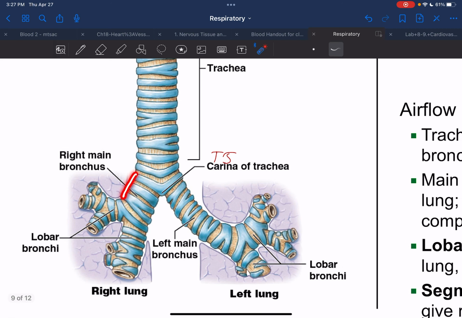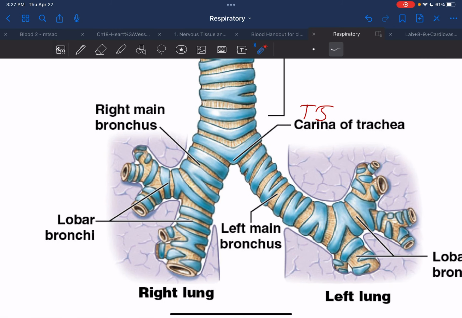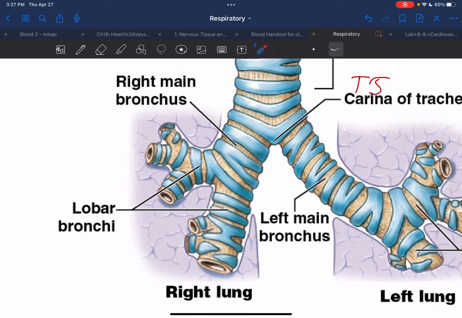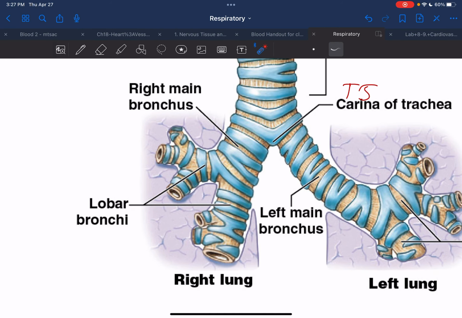The main bronchus is going to be the larger ones that reach for the lung that they're targeting, right? If you're the right main bronchus, you're going to go to the right lung. If you're the left bronchus, you're going to go to the left lung. That one's pretty easy. But there's one little fun fact to add about the bronchus. The difference is that the one on the left is actually smaller.